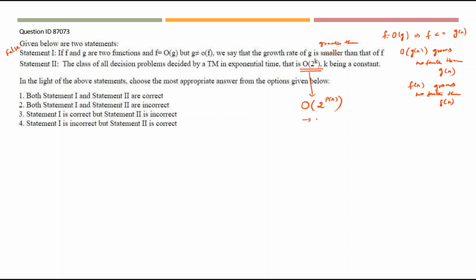So what is p of n? It is a polynomial function of n. You can also express this as big O of 2 power n power k. Taking this into consideration, we mark statement 2 also to be false. So option number 2, both statement 1 and statement 2 are incorrect.